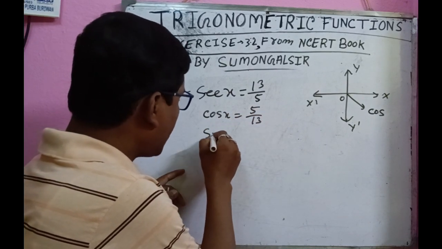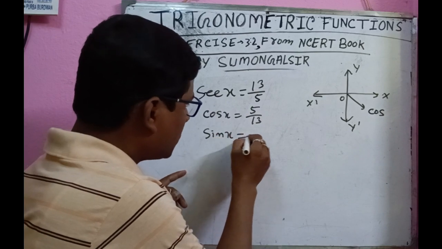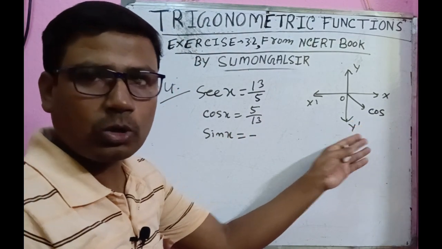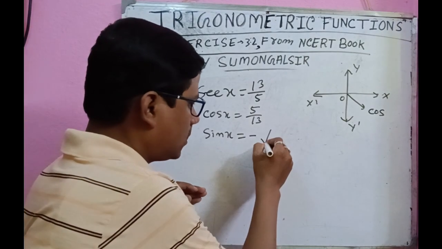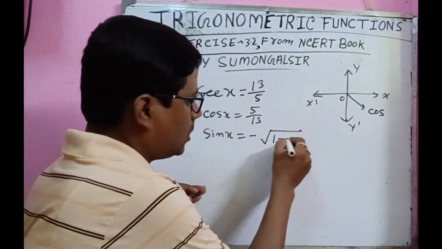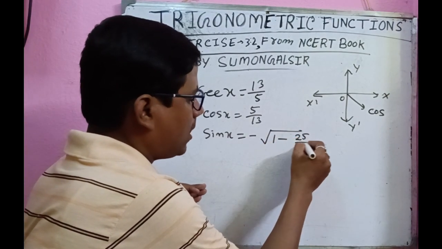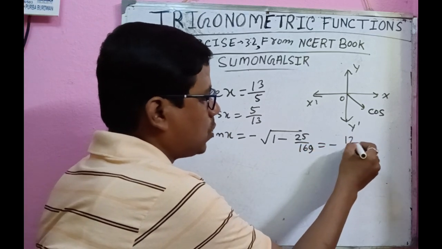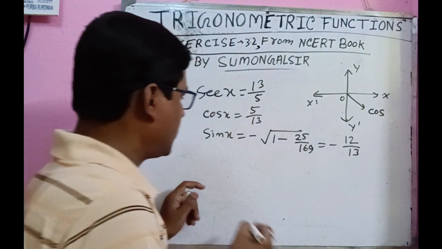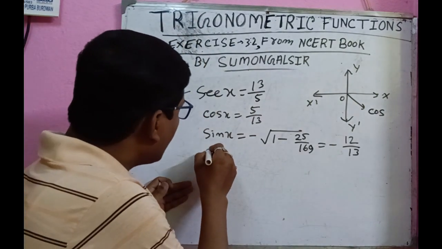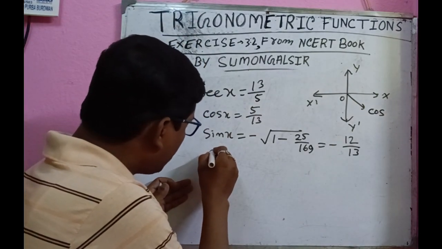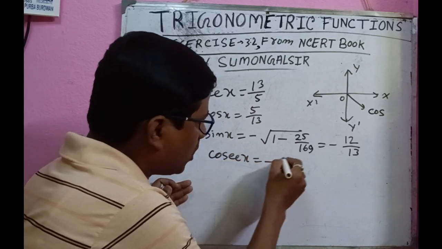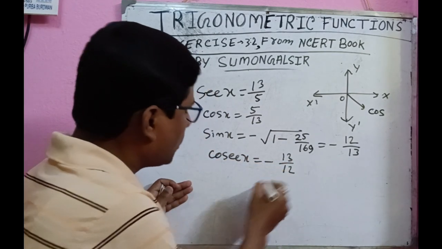From here, the value of sin x is minus, because we are discussing the fourth quadrant, so root of 1 minus 25 by 169. Now calculating, we get 12 by 13. Now from sin x, cosec x will be the reciprocal of this.